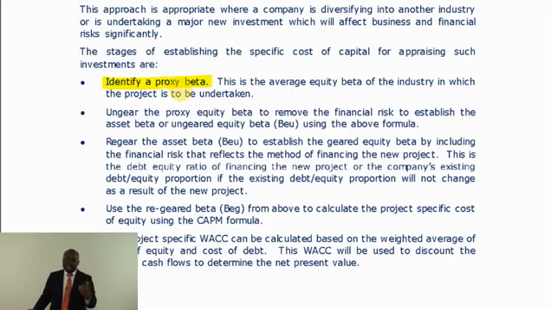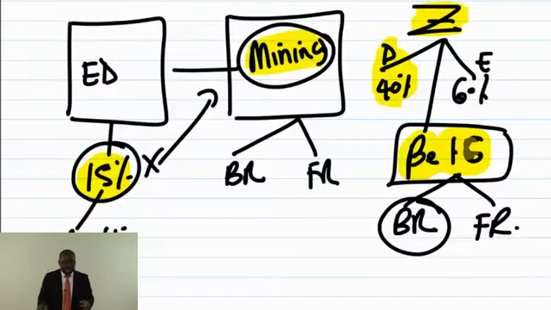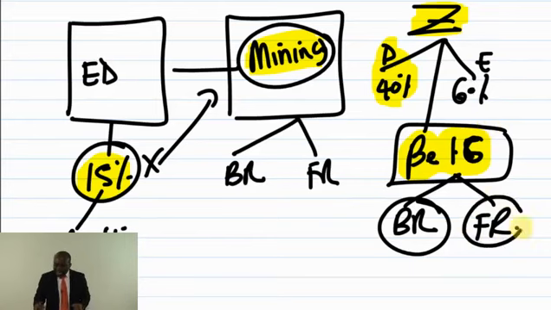When you pick that beta, you need to ask, are you geared or ungeared? You don't need the whole of the beta of Z because the financial risk of Z is determined by the debt equity proportion of Z, for which I may not have the same debt equity proportion. What I will have the same as Z is their business risk. So I'm chasing to pick Z figures in order to get the business risk I will face.